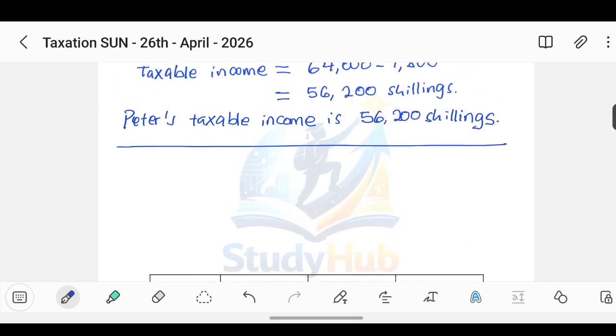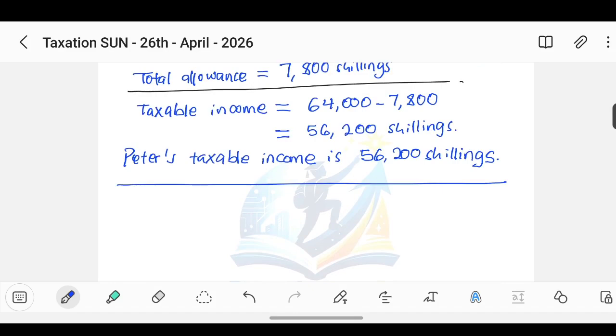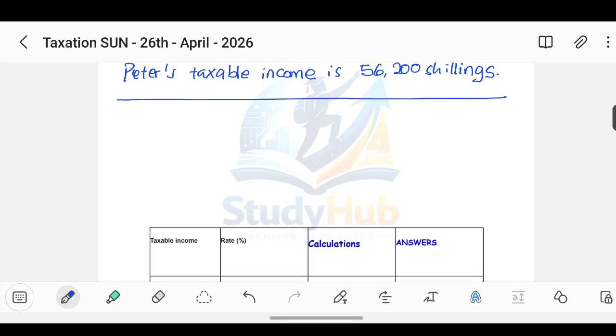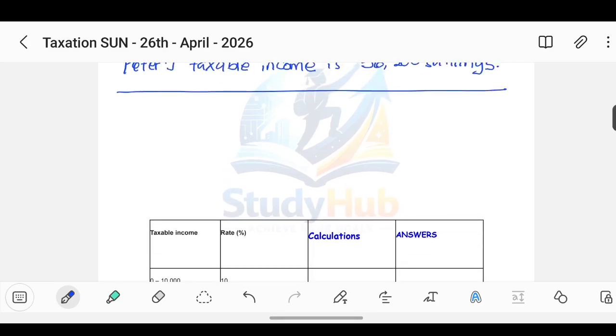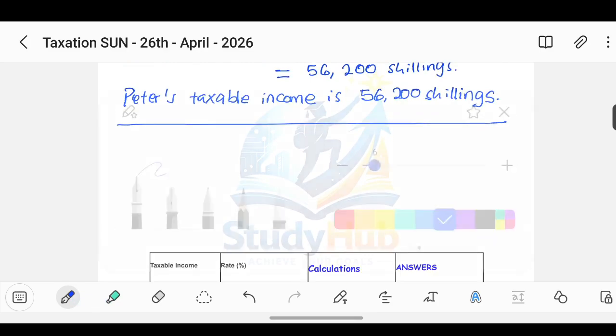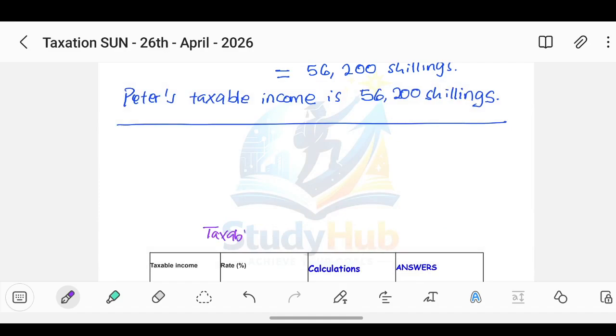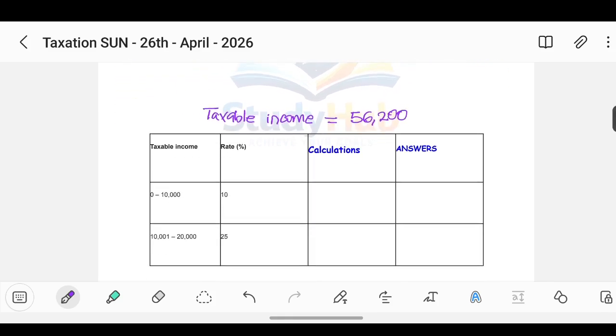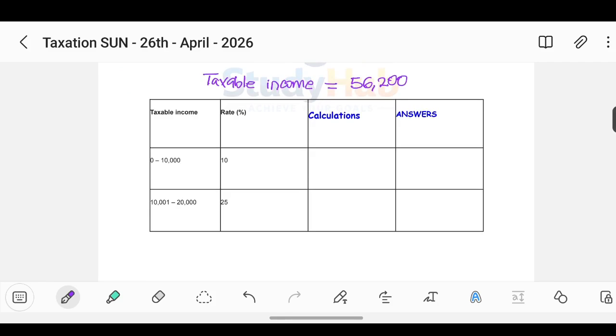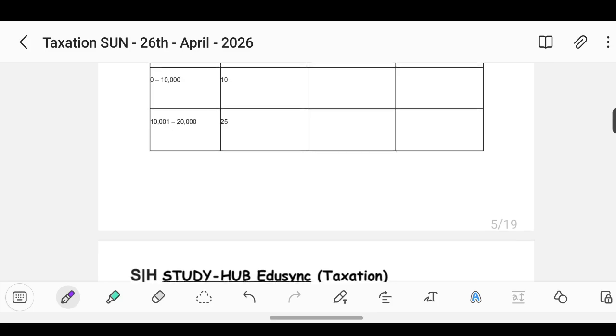You have to first take note of the taxable income. Our taxable income is 56,200. So look within our table here. Look for where this 56,200 lies.